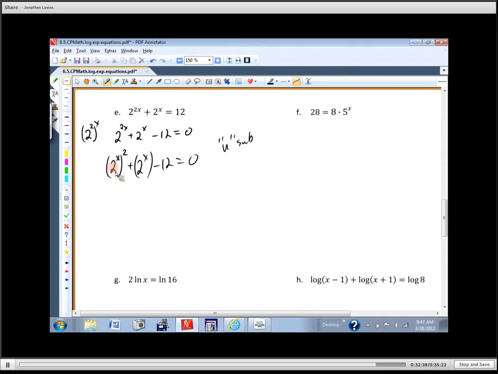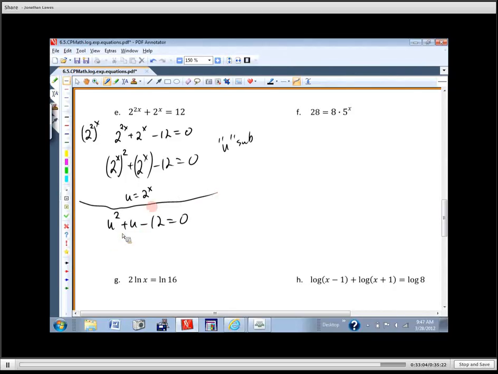I've got this thing squared plus this thing minus some other number. It's a trinomial. What if I said u equals 2 to the x? So wherever there's a 2 to the x, I'm going to put a u. So this becomes u squared plus u minus 12.